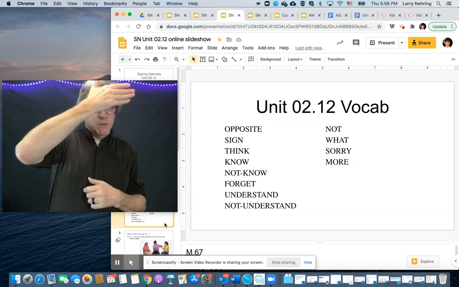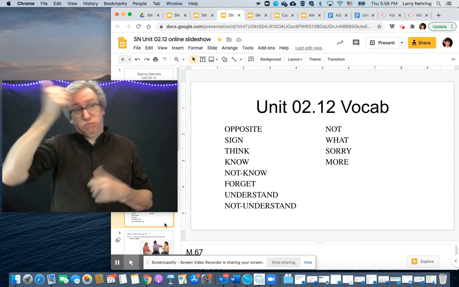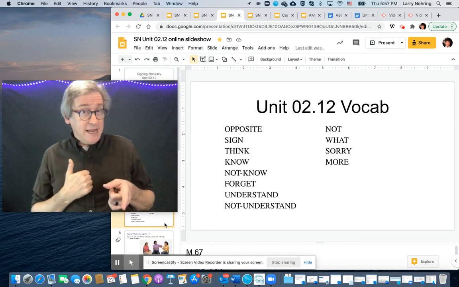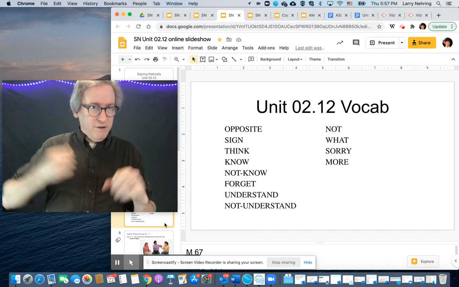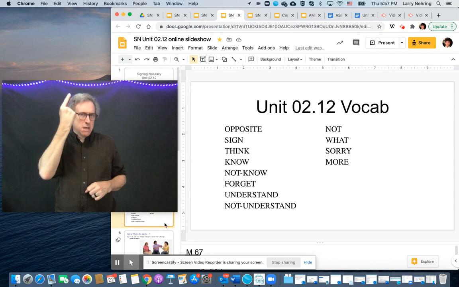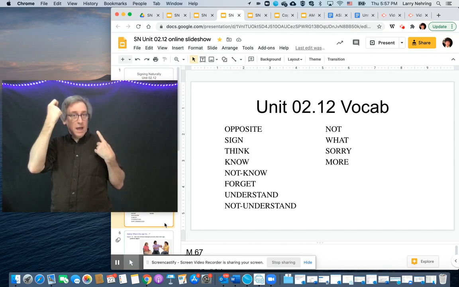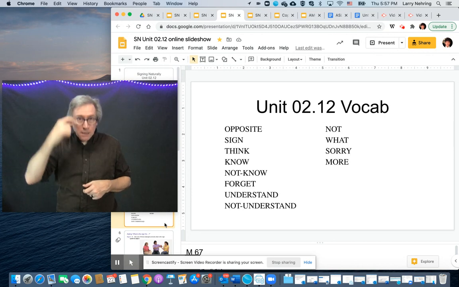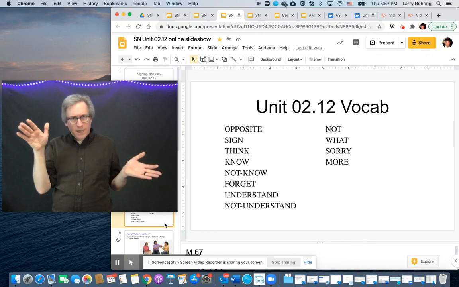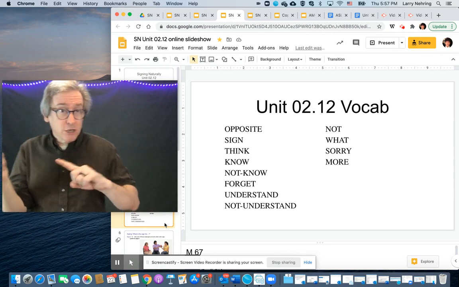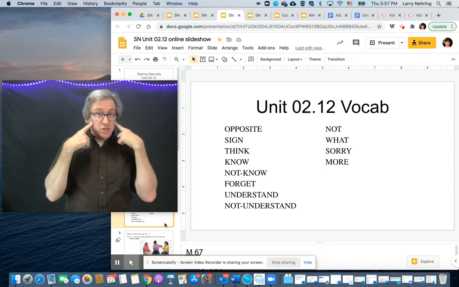Forget. Remember, you're erasing it from your head. Oh, I forgot, sorry. Understand is like the light bulb going off over your head. Boom, understand. Oh, I understand. You nod. Oh, I know. I think. I don't know. Shake your head. I don't understand. The difference between understand and don't understand is just the facial expression.